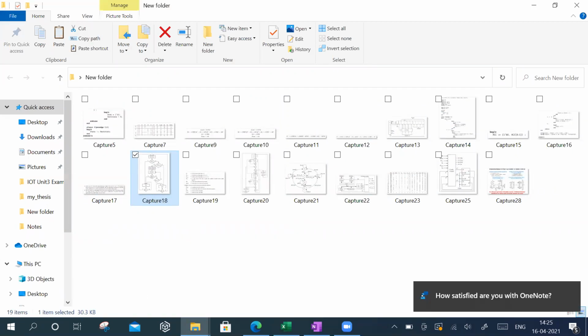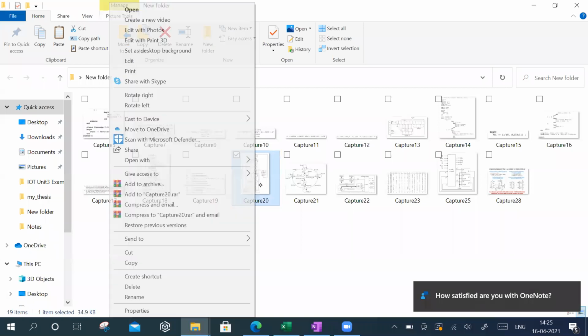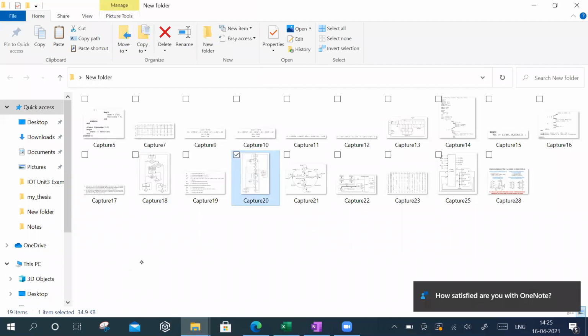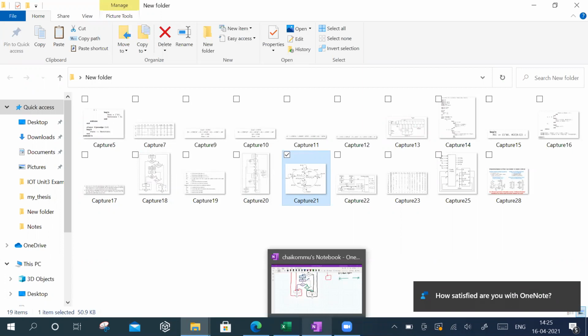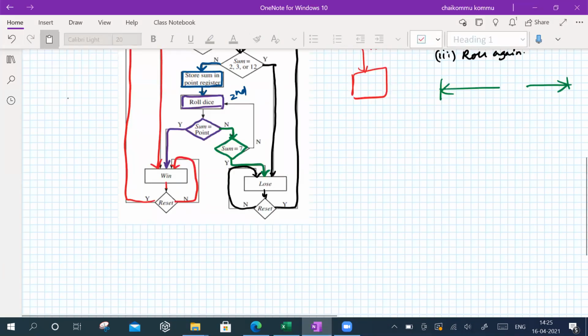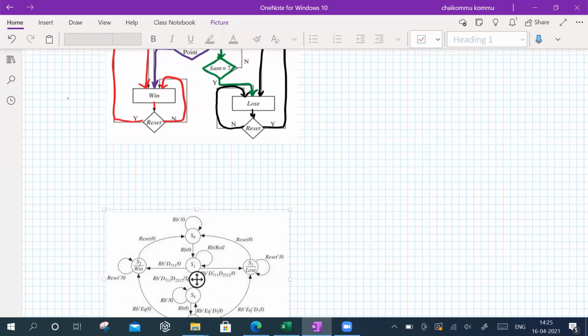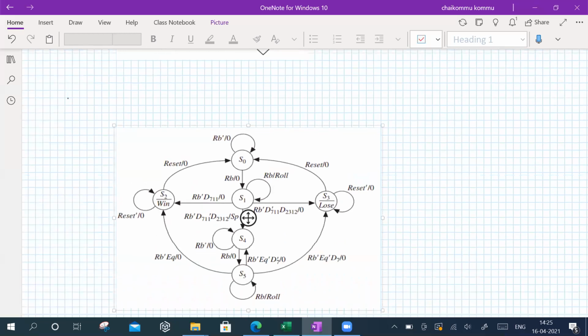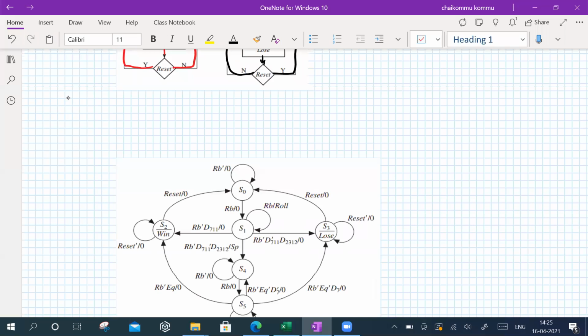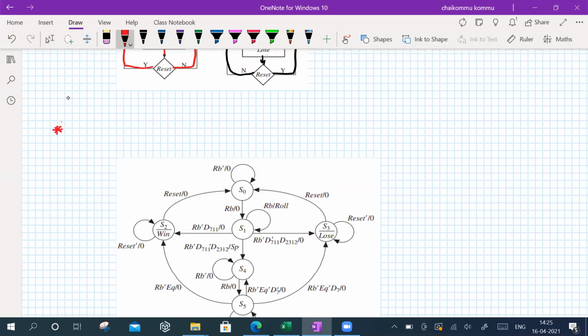Next, let us talk about the ASM chart for this one, the ASM block. Before the SM chart, we'll go for the state graph, state table, or dice scheme.